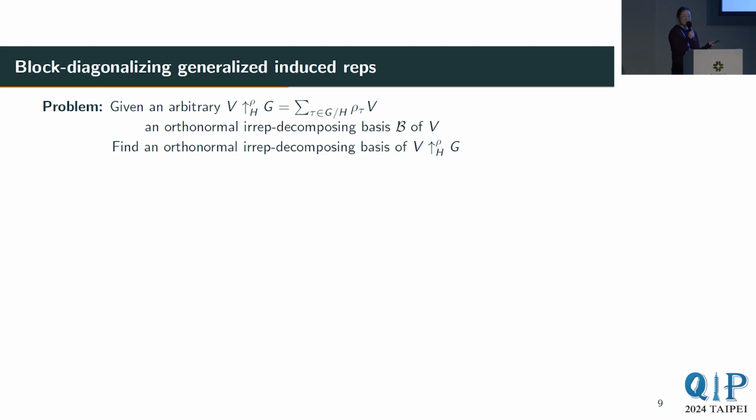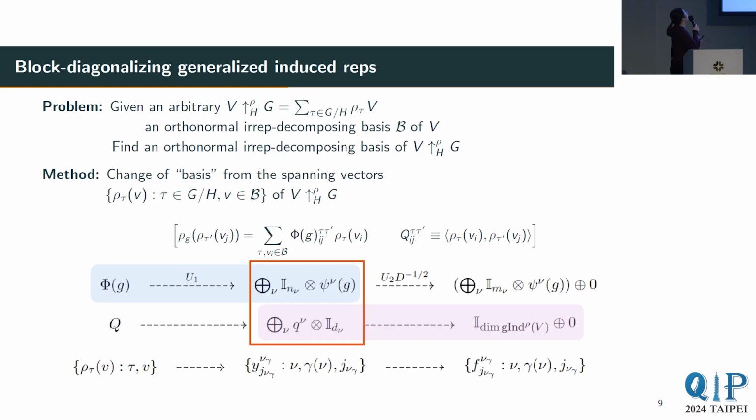And notice that here I'm imposing the orthonormality condition with respect to a G-invariant inner product, because in such an orthonormal basis, the matrix representations of groups will be unitary, and so this will facilitate the implementation. And our method is to apply a change of basis to the spanning vectors rho tau v of a generalized induced rep. So it is algorithmic.